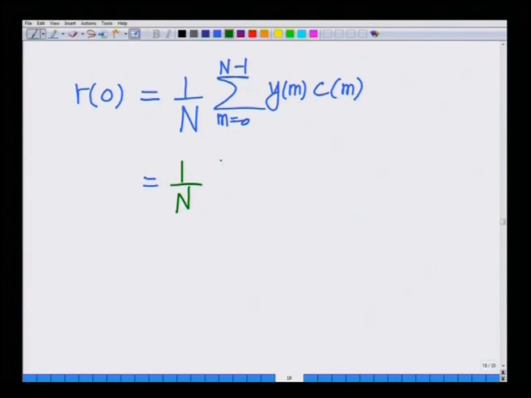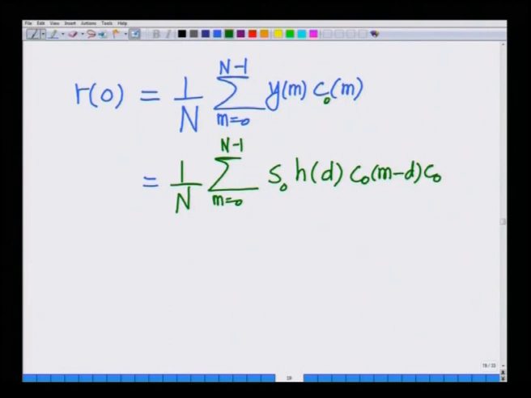So, this is nothing but 1 over n summation m equals 0 to n minus 1 s 0 h of d times C 0 of m minus d into C 0 of m.